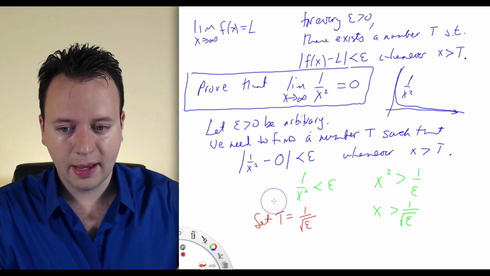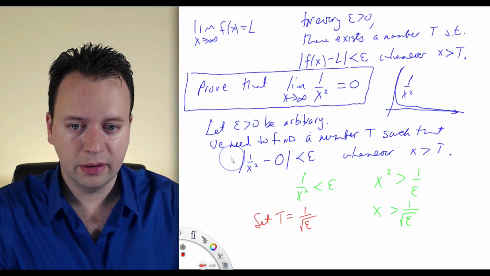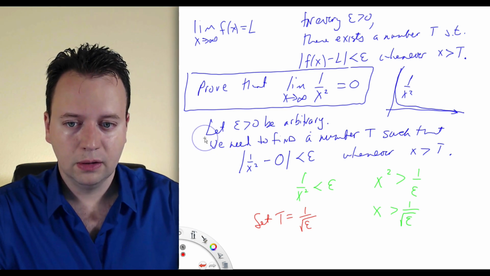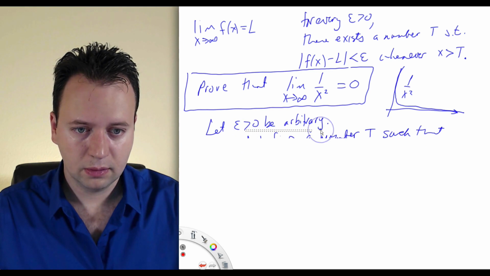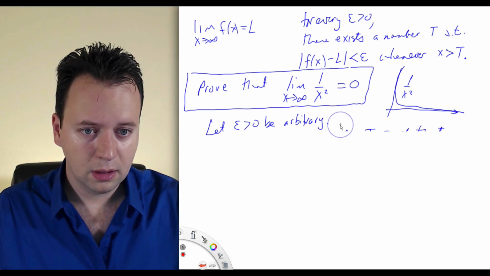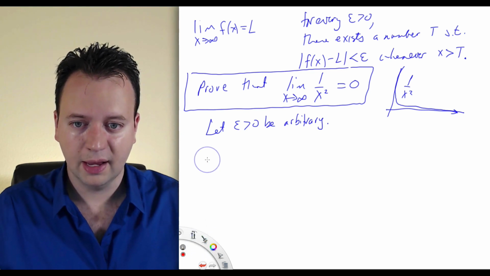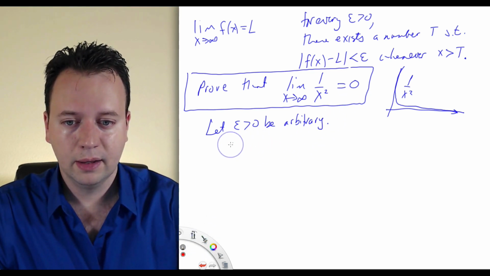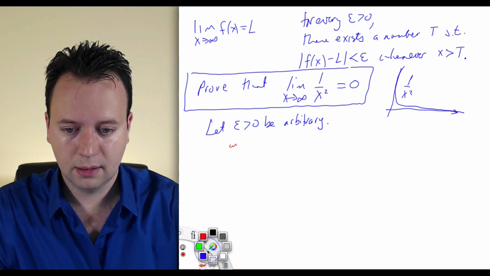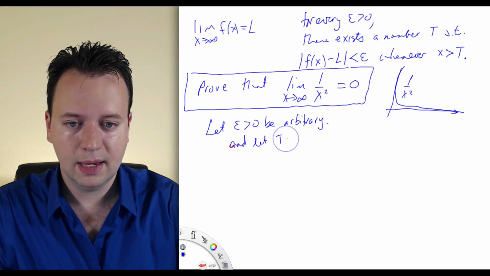So when writing up the actual proof, now that we know what the value of t is, the proof itself would be written like this. Let epsilon greater than 0 be arbitrary and let t equal 1 over the square root of epsilon.